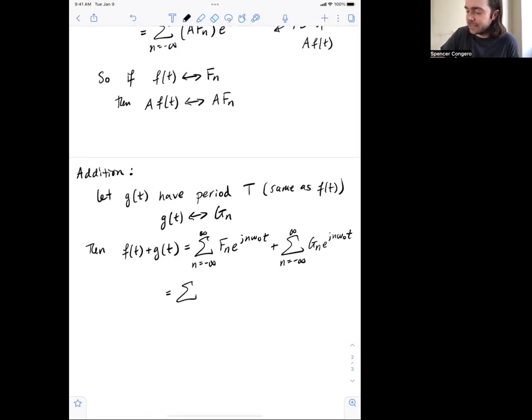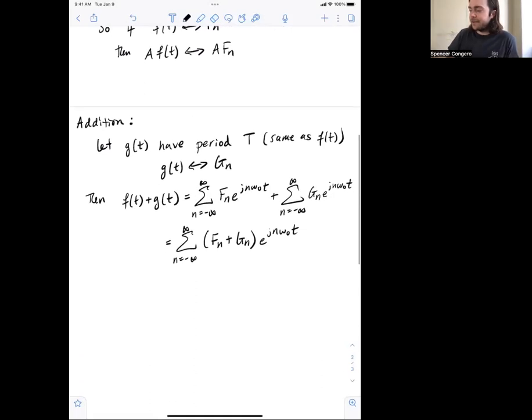I want to make sure that's the case, so these two functions have to have the same period. I'm going to get f sub n plus g sub n times e to the j n omega naught t. And there you go. This is, again, the Fourier series of f of t plus g of t, and here are the Fourier series coefficients.